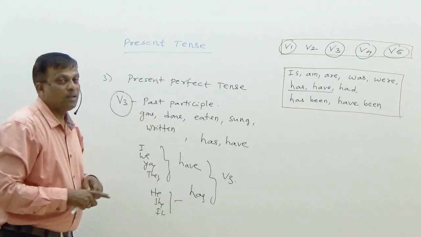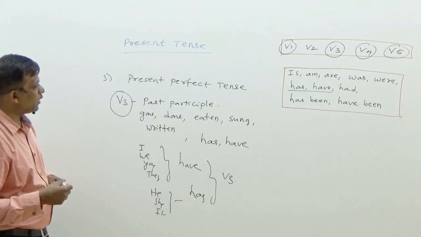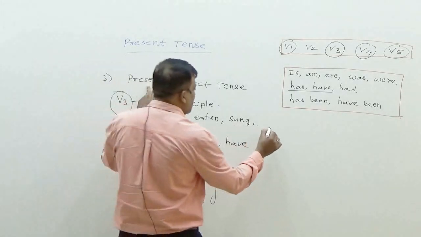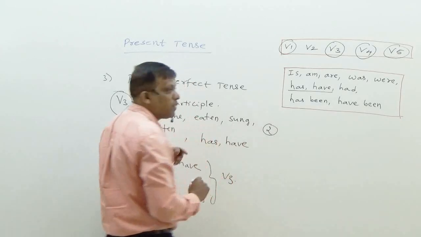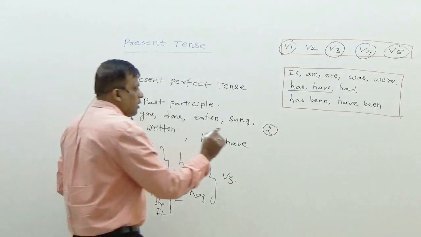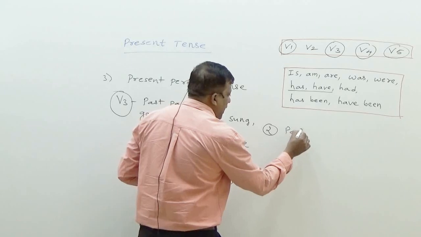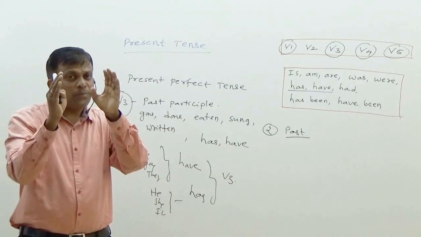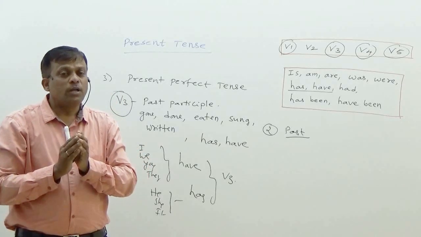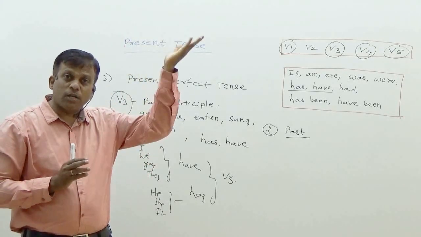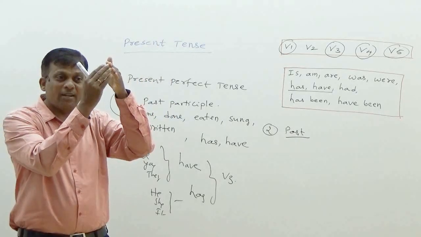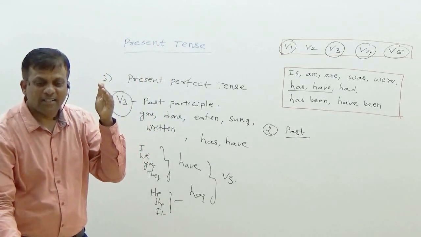This is one. Second important point I will tell you: we also use present perfect tense for one of the best usages, like one past action. Present perfect is also used for some past action which you have done long time ago, but you still say that it is relevant till today.